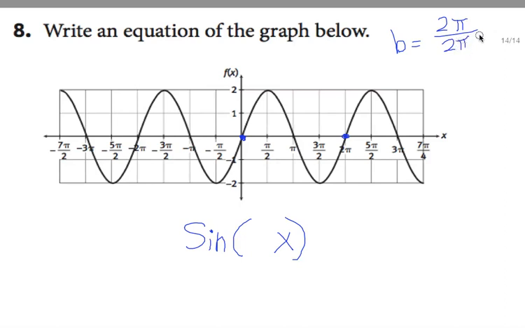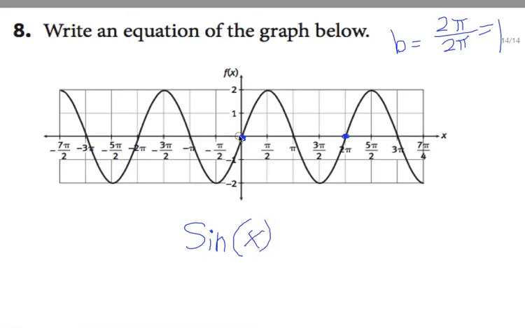So that reduces to 1. When that's the case, you don't have to write x times 1 or 1 times x. It would just end up being sine x here.